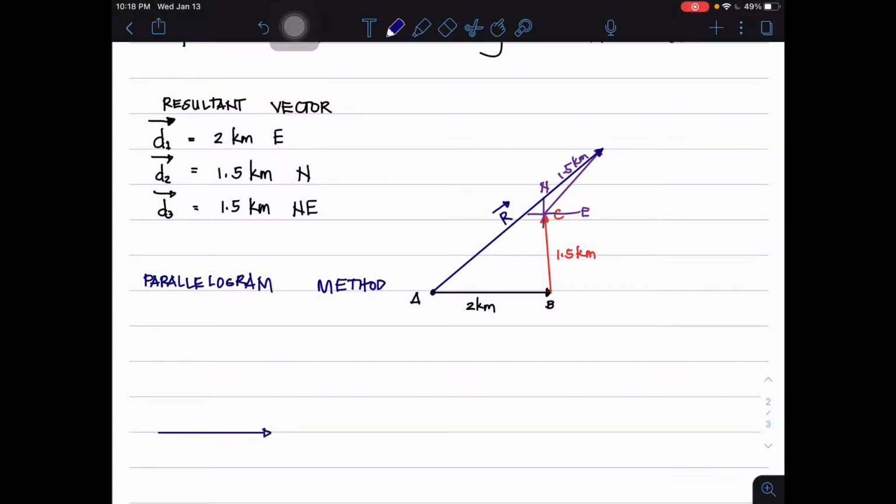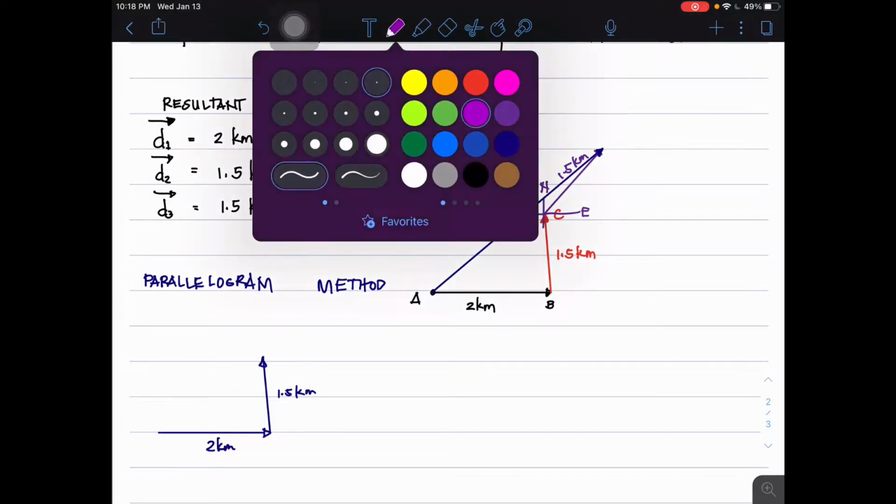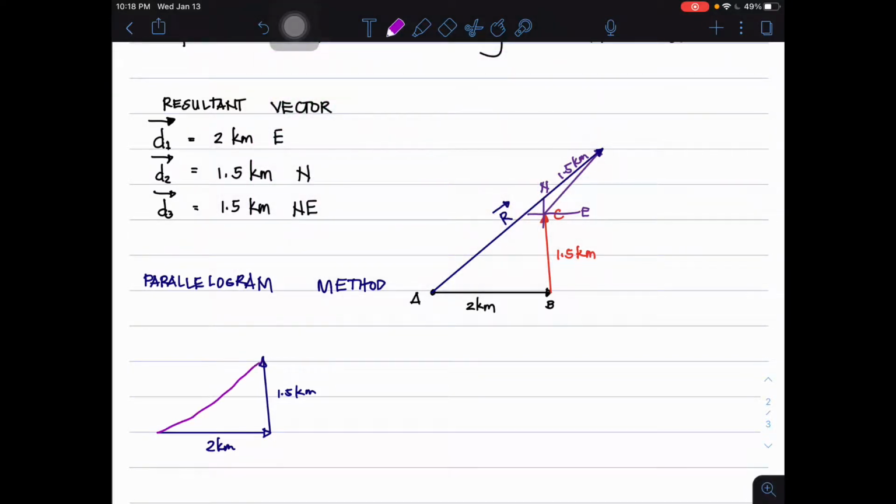So this is your 2 kilometer vector, and then your 1.5 kilometer vector, right? And then get the resultant vector of these 2. Let's name it R1.